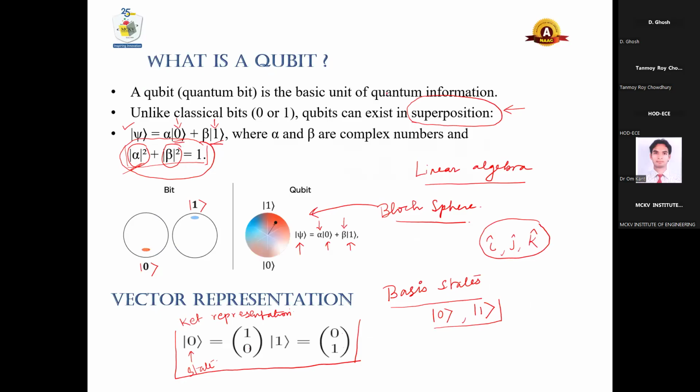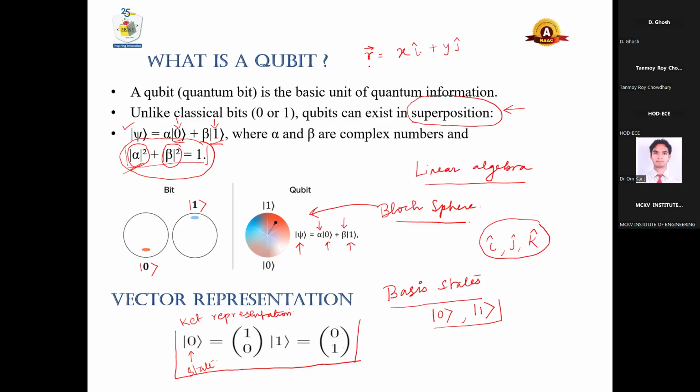If these are my basis vectors, and if you remember, in a two-dimensional plane, the r vector is represented as x i cap plus y j cap.